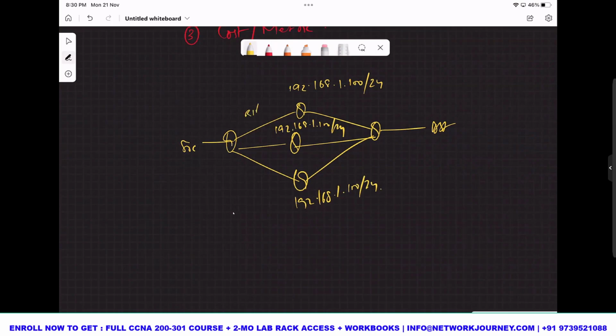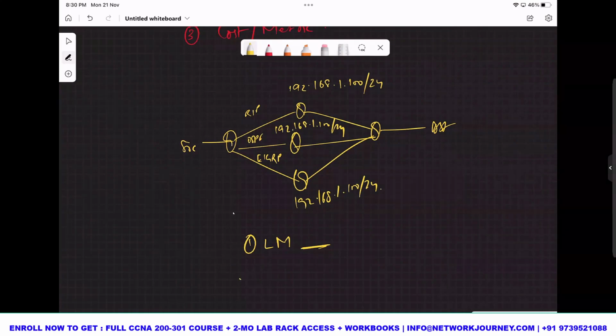Now this is via RIP, this is via OSPF, this is via EIGRP. Definitely now your longest match is a tie. You cannot decide because they are advertising the same network.